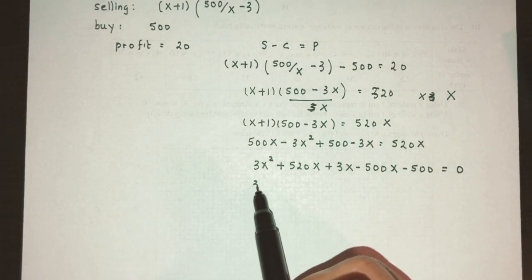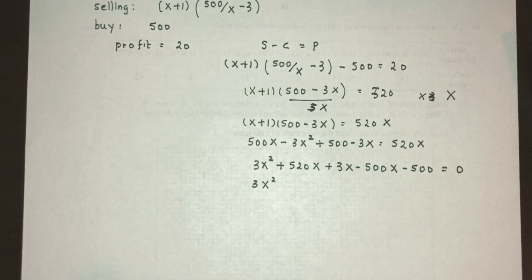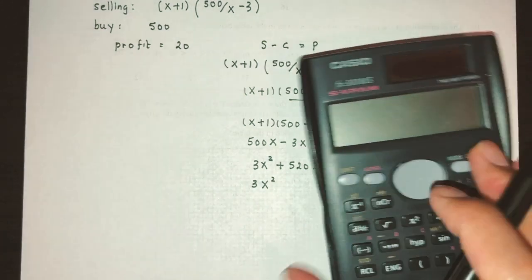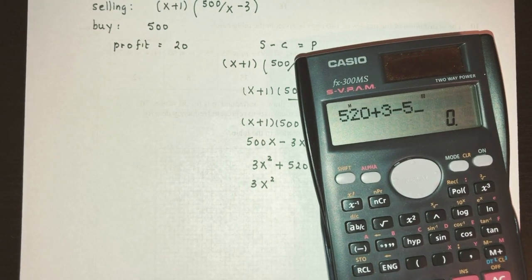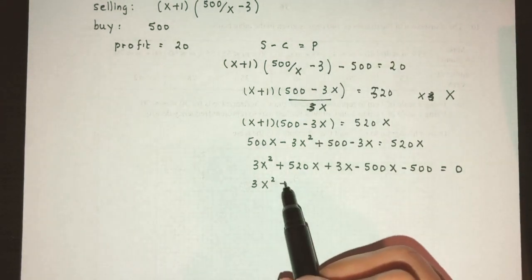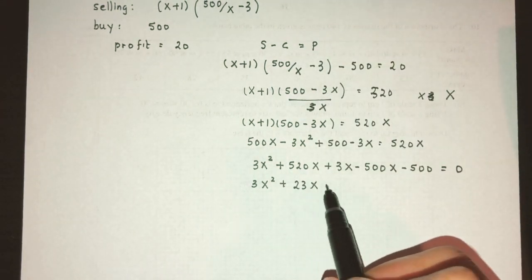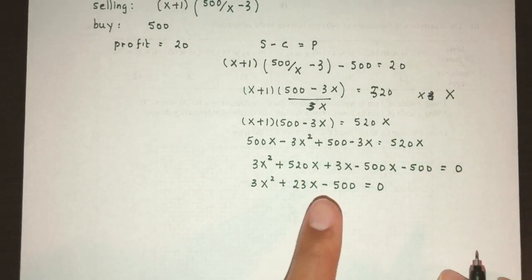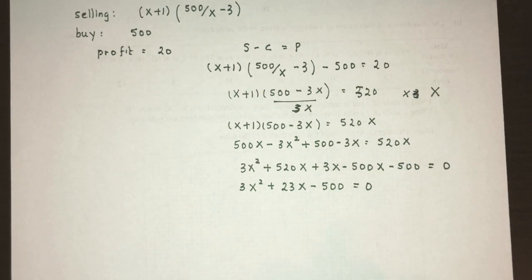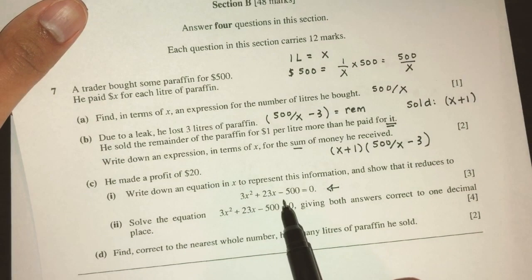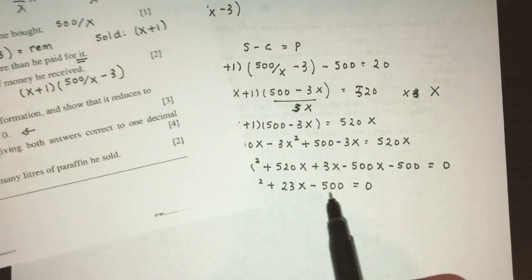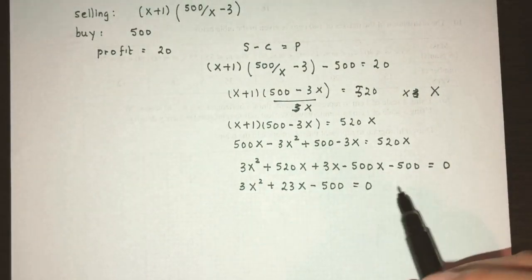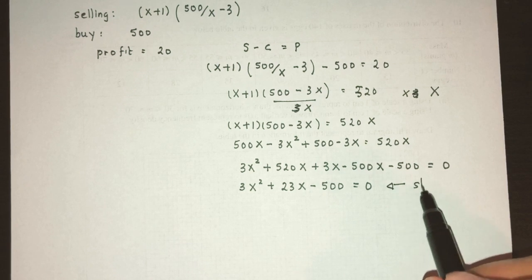Simplify, you will have 3x squared, and this will give you, let's check, so 520 plus 3 minus 500, that will be 23, and minus 500 equal to 0. So that is the equation that you get, and let's check if that is correct or not. So this is the same as shown, right? Same as required. So you write shown as required.